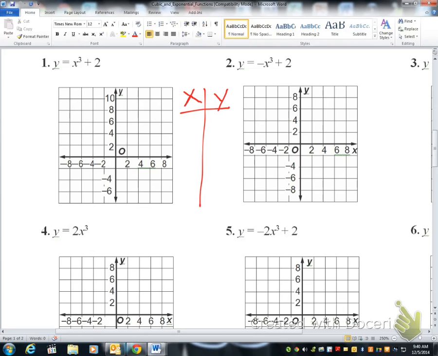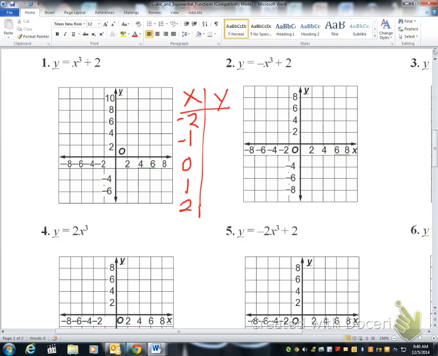I would definitely include -1, 0, and 1. Absolutely, without a doubt, you want to include those. Then you want something that is a little above 1. You can use 2, but you may have to adjust it depending on how big it is. In this case, 2 is going to work well for us.